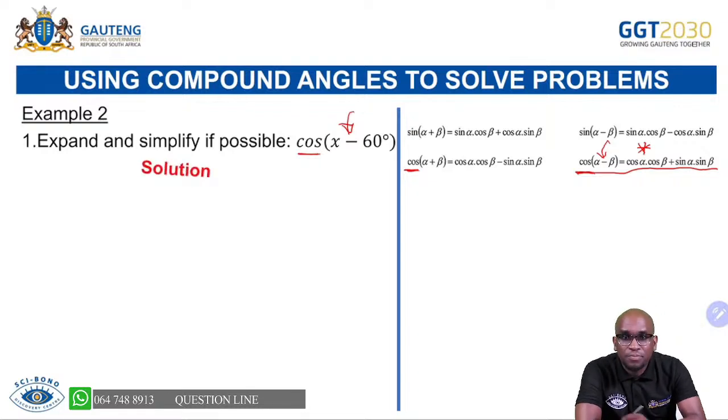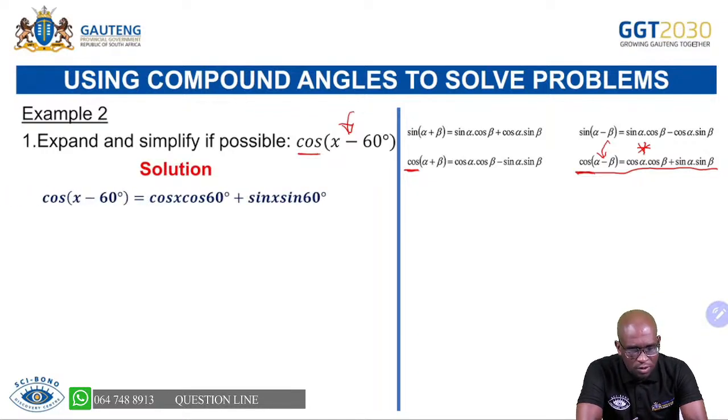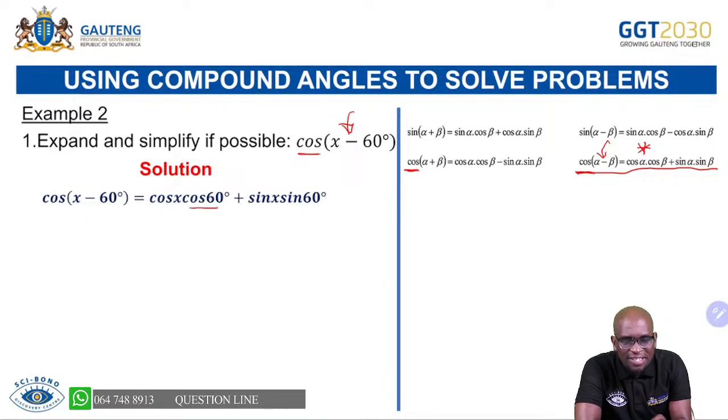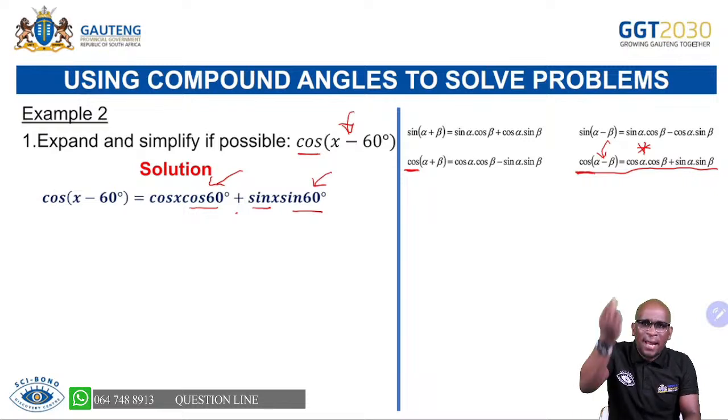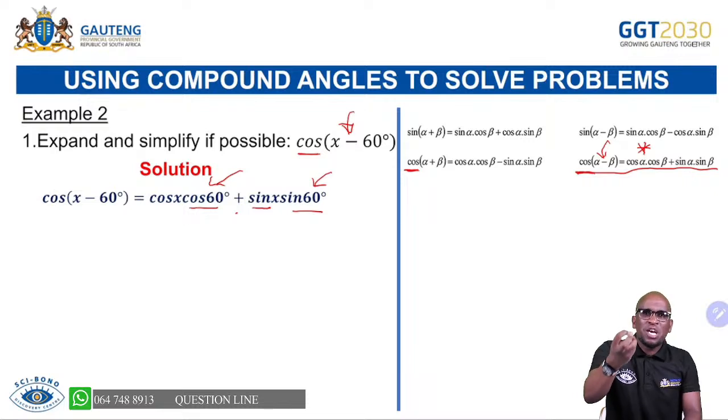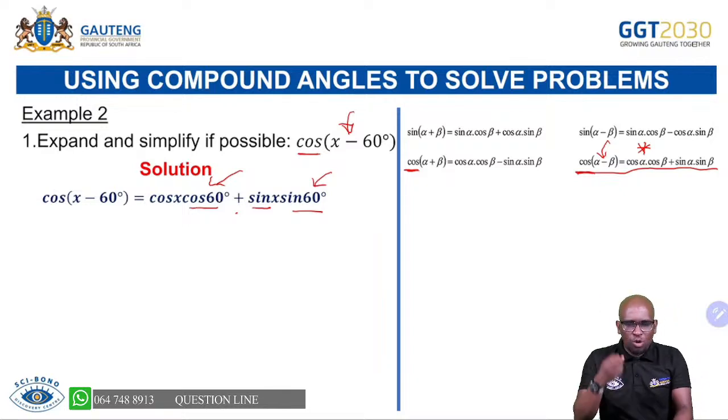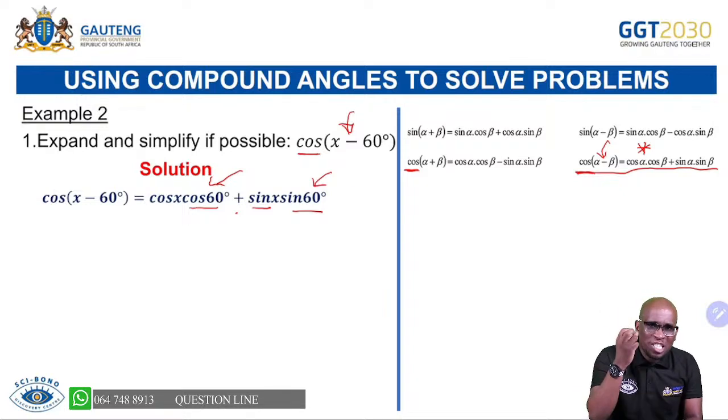Now let's use it. You see, cosine of the first angle, that is x, times the cosine of the second angle, that is 60 degrees, plus the sine of the first angle, that is x, times the sine of the second angle, that is 60 degrees. Now, because we have 60 degrees, and in our prior knowledge, we did say you come into this lesson knowing special angles. So 60 degrees is a special angle.